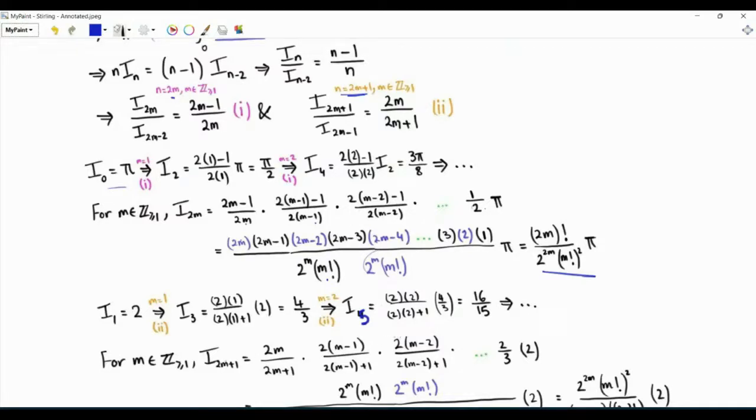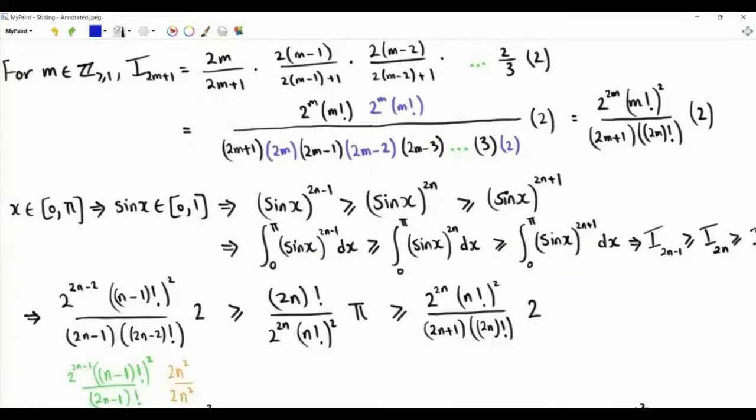So again, we can do exactly the same thing: I2m plus 1, we take this expression here, and write 2m over 2m plus 1, and then we reduce the index by 1, then by 2, and so on, all the way to this term here, when small m is equal to 1. This will give us 2 over 3. And then this 2 here is I1. As we have done for I with a subscript 2m, we can take the terms in the numerator and denominator and express them in terms of factorials.